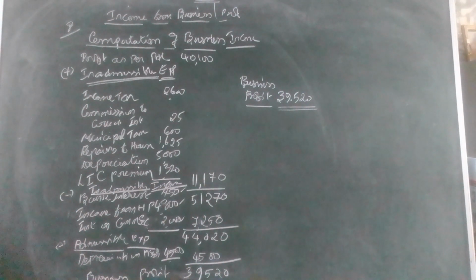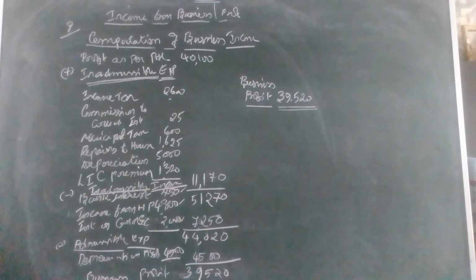That means here we have to take the expenses and income only meant for the business, that alone should be taken. Then admissible expense. What is the admissible expense? We have accounted the depreciation as 5,000. In the textbook, in the question, it is given that the actual amount of depreciation is 4,500. So that amount of 4,500 should be deducted.